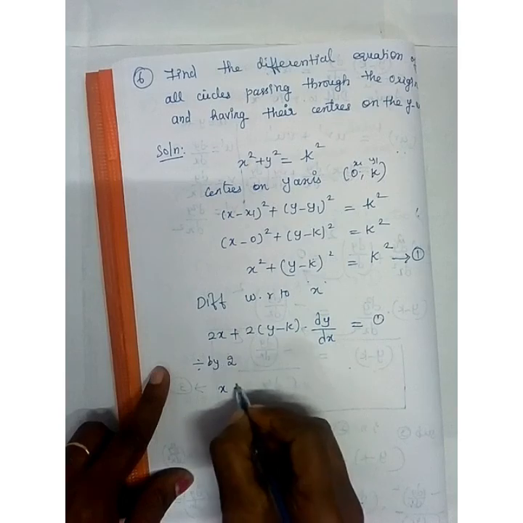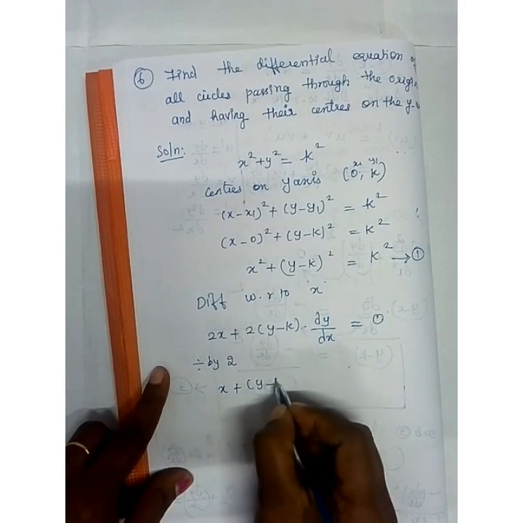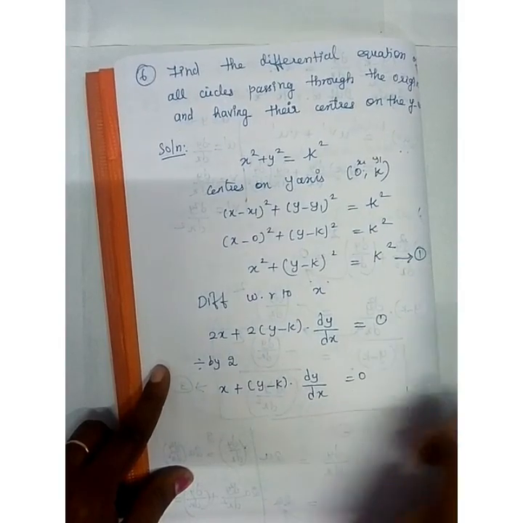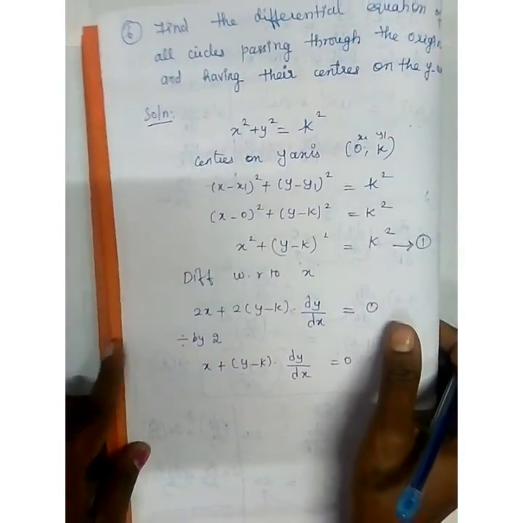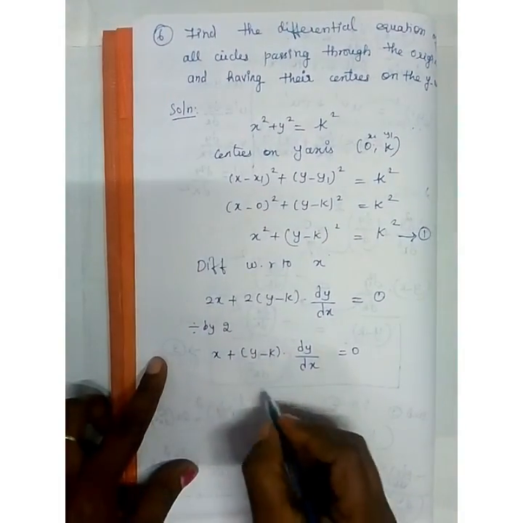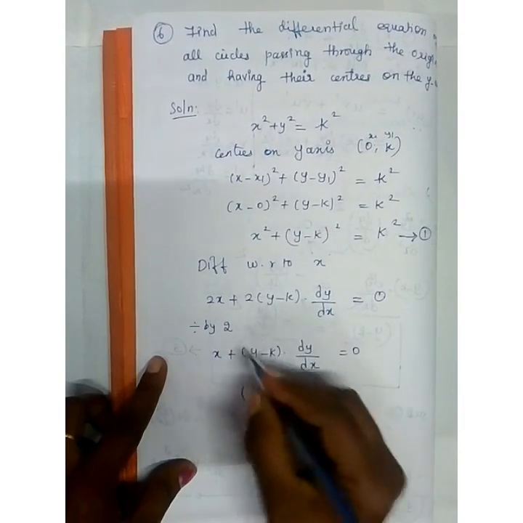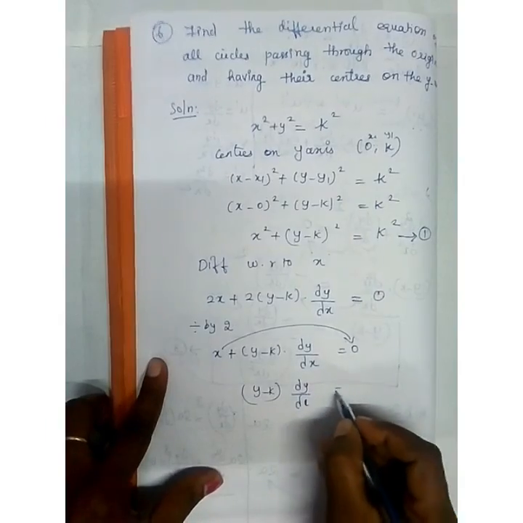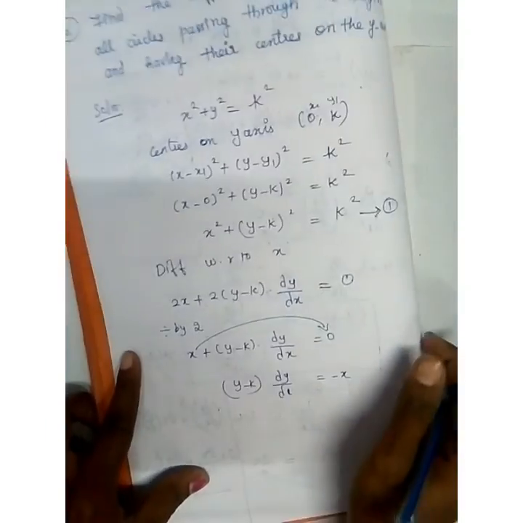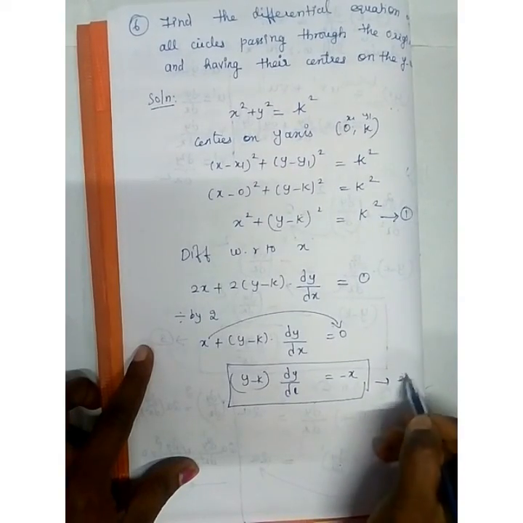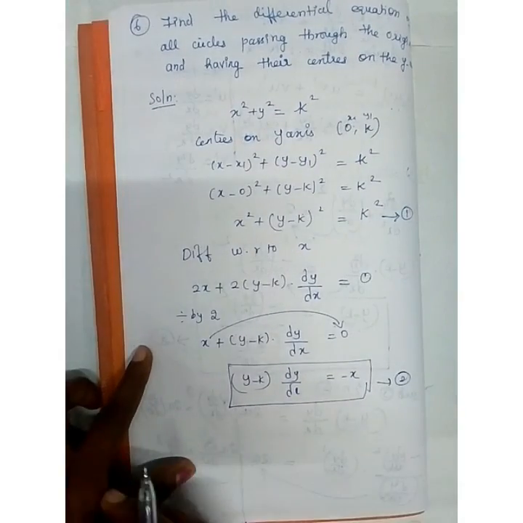So I will be getting x plus y minus k into dy by dx equal to 0. This is our equation. From this, y minus k into dy by dx, when x goes to this side, it will become minus x. We can keep this as equation number 2.